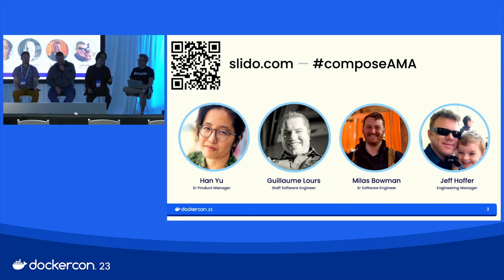And the aforementioned strength of Compose as a developer-oriented abstraction means that there are things that simply are not represented well within Compose that you may want to be able to test if ultimately you want to understand how the code changes you're making are going to affect the eventual deploy to production. So that is something that we are investigating, and there's hopefully more that we can say about that soon.